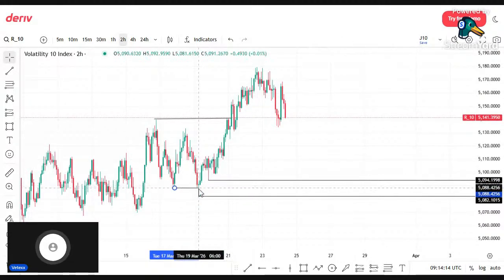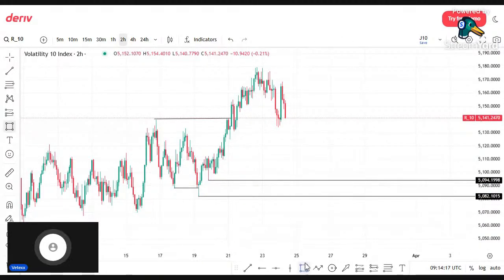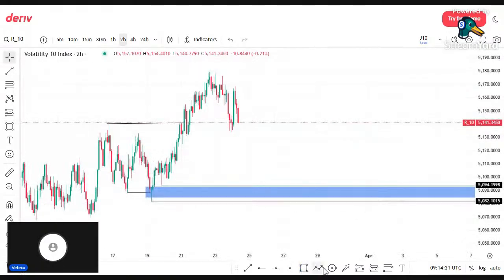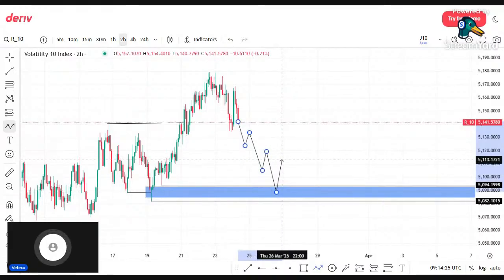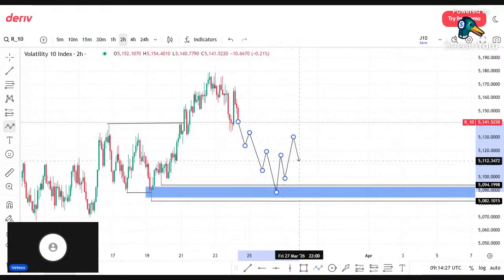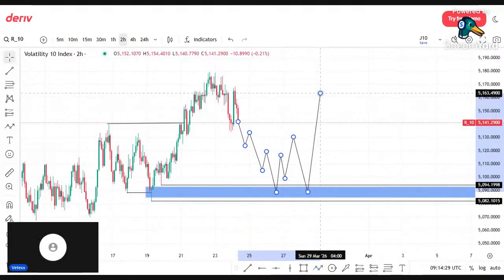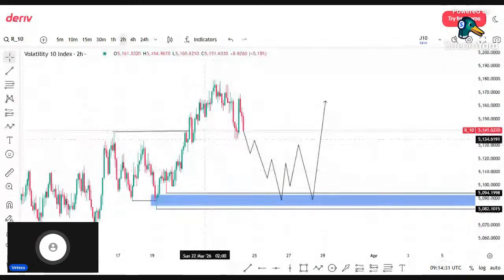So this is the type 2 setup. Provided that price comes into this zone and gives us our continuation setup, it will still be worth taking. Right, so on the 2-hour time frame, this is what we have.